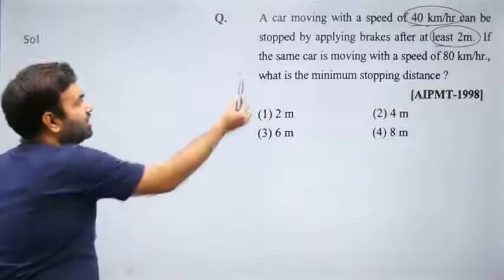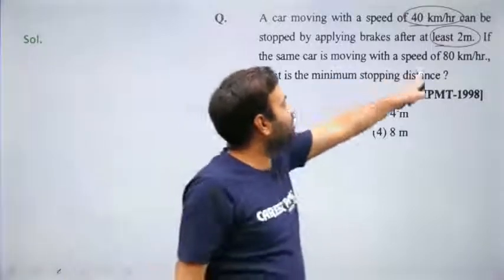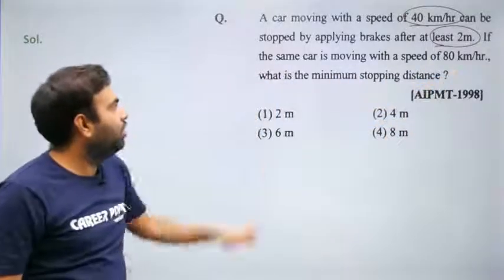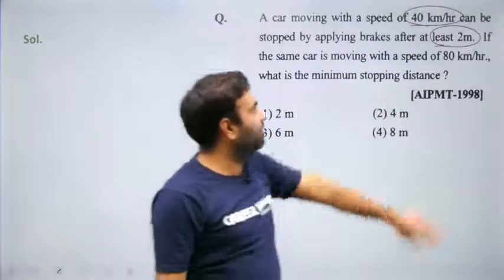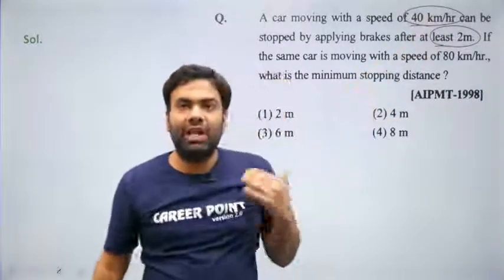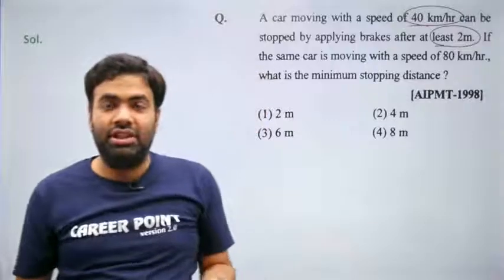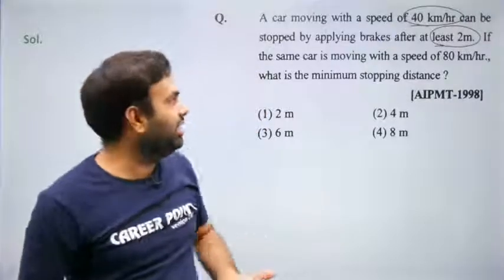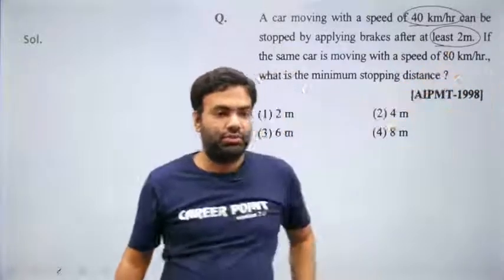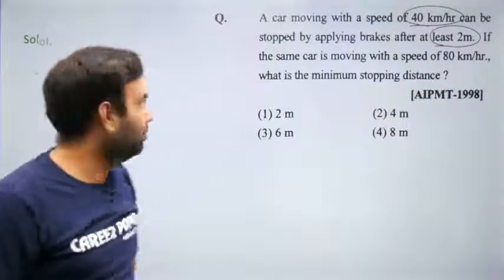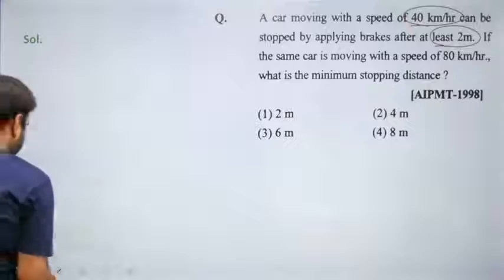If the same car is moving with a speed of 80 km per hour, what is the minimum stopping distance? From the given first two pieces of information, you can calculate the retardation that is provided by the car, and that retardation you can use in the next situation to solve this question. So let's solve this question.